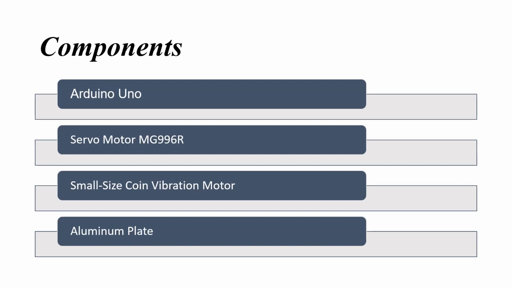The coin vibration motor is used to provide the vibratory feedback which describes the direction of the ball. Last, aluminum plate. Two aluminum plates with diameters of 70 mm and 50 mm and 2 mm thickness were used to create the two links of the robotic arm.